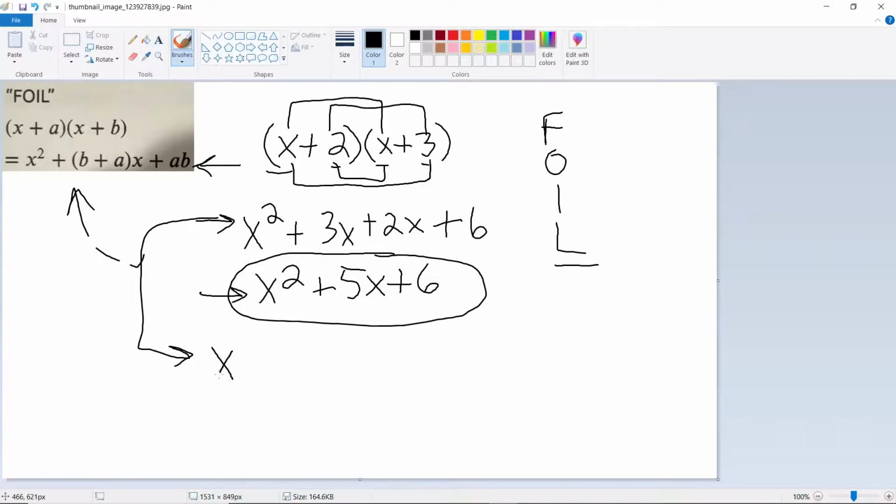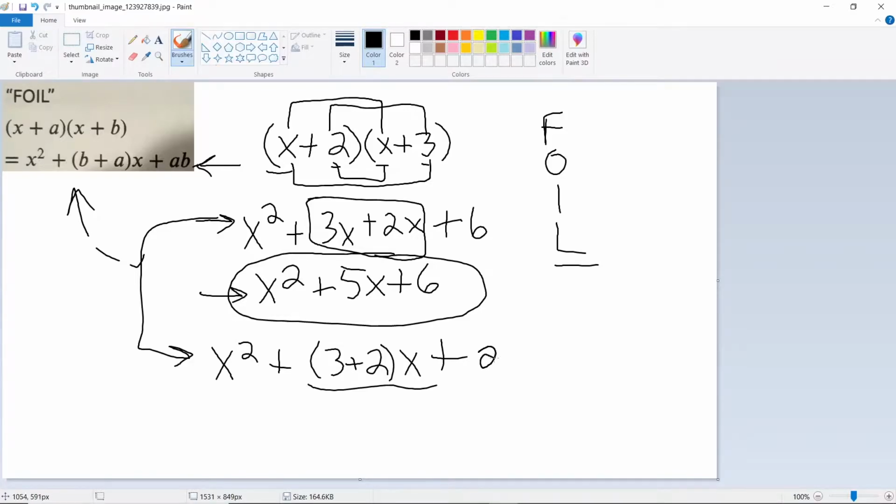We could rewrite this as x² + (3 + 2)x + 2 times 3. All I did was take these two terms and factor out an x. If I factor out an x, I get (3 + 2) times x plus 2 times 3.